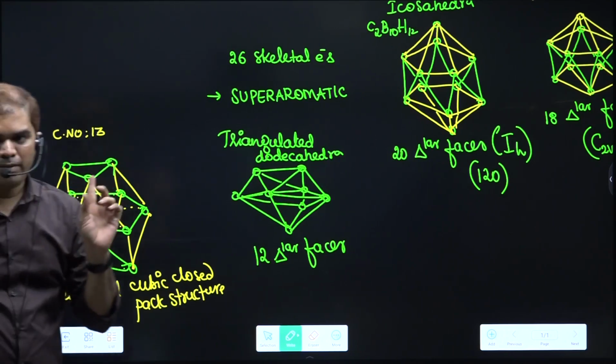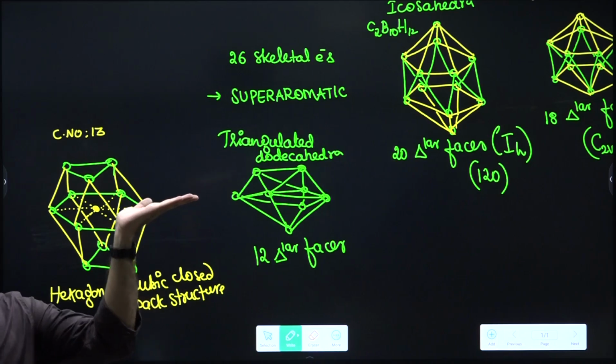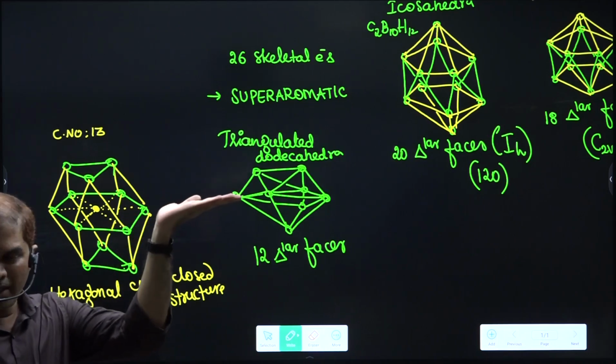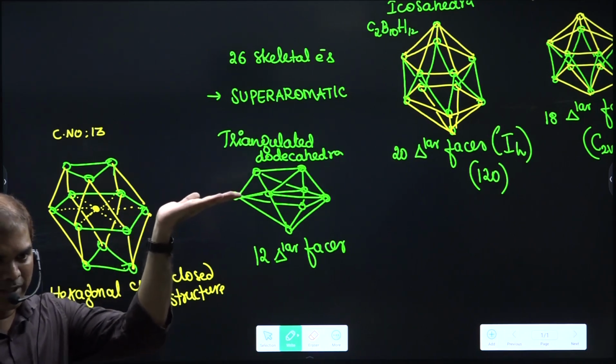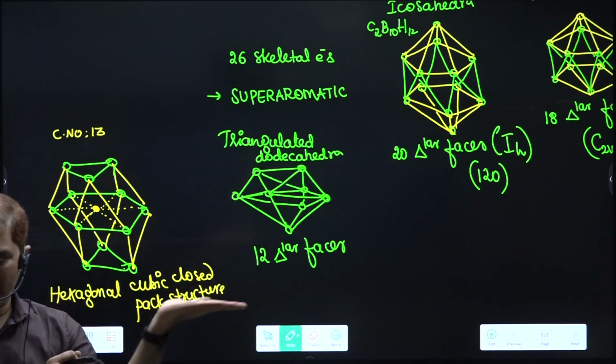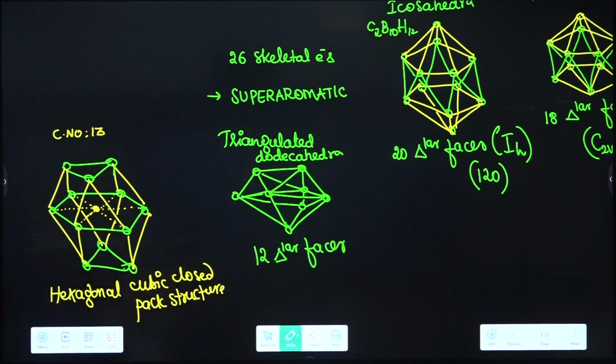So how to draw it? First of all, I have taken a triangle. Below there is another triangle. These two triangles are staggered, if you have noticed. In between there is a hexagon. Above and below triangles are staggered. Later you connect in such a way that triangle and square faces alternate.